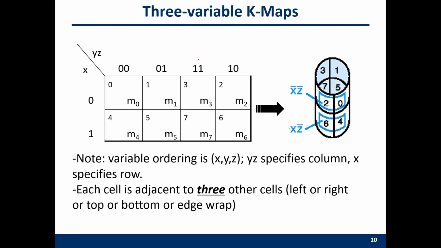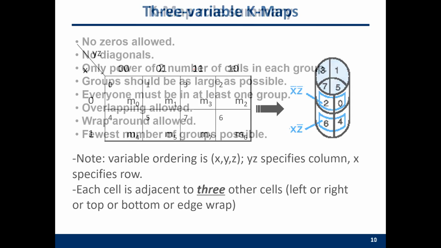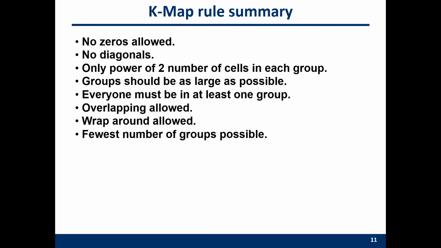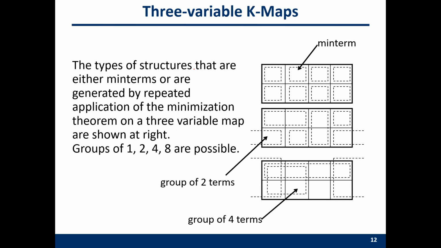And also you need to be careful. This is 0 1. This is 1 1, not 1 0. So here I write all the rules here. You can try them yourself.